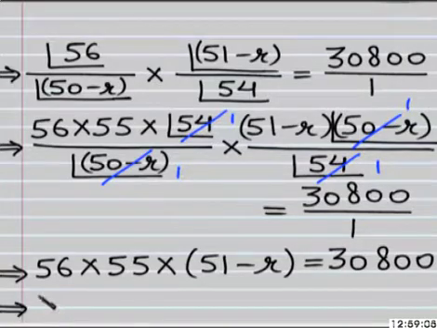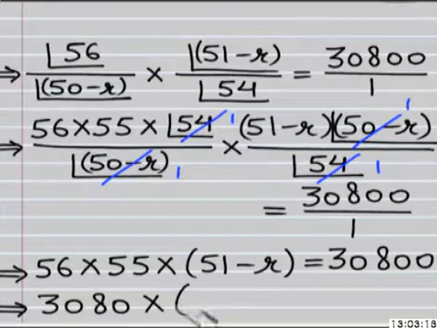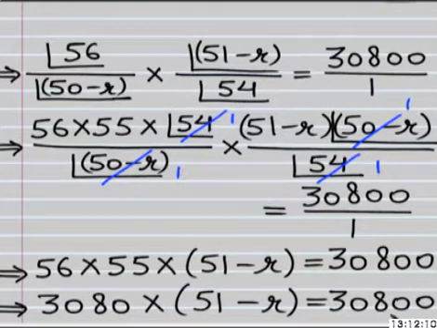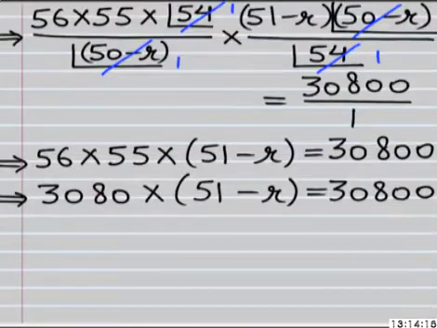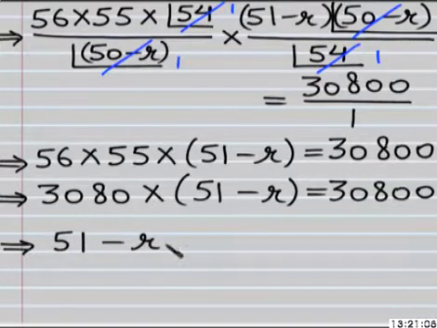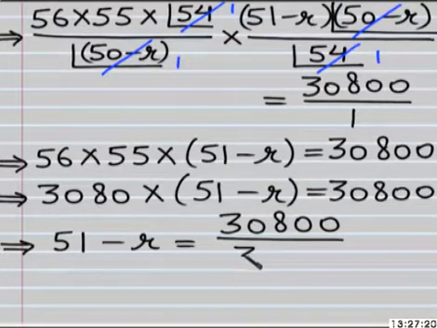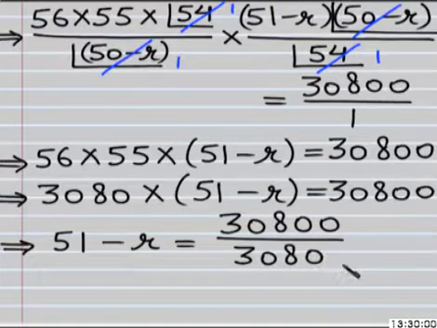which implies 3,080 whole multiplied by (51 minus r) is equal to 30,800. Which implies 51 minus r is equal to 30,800 whole divided by 3,080.